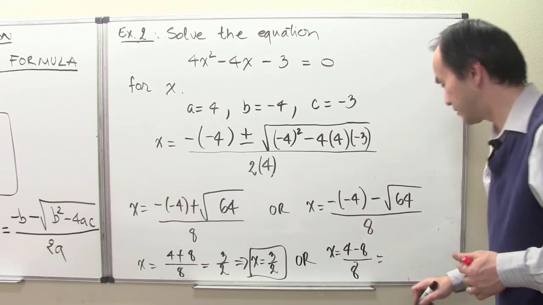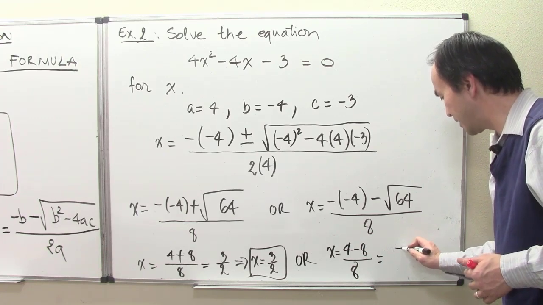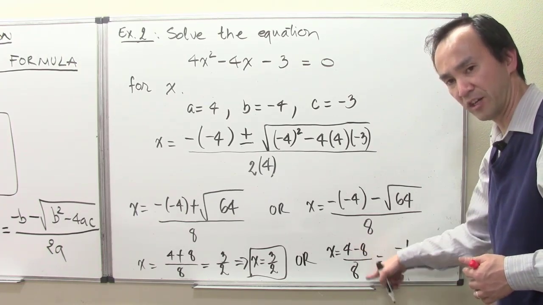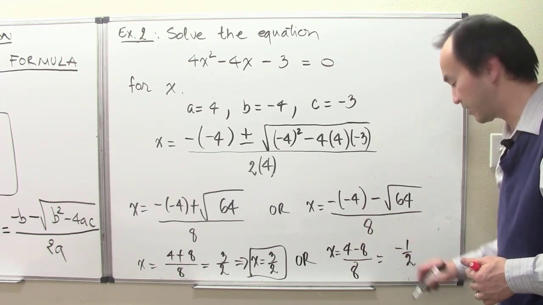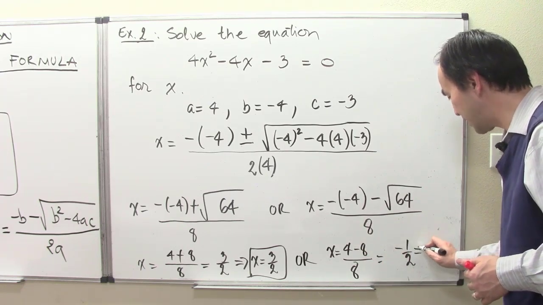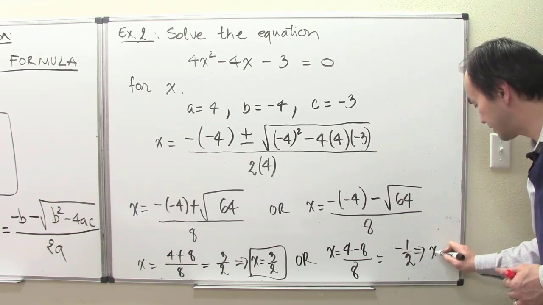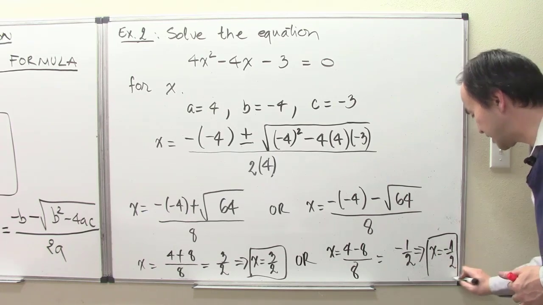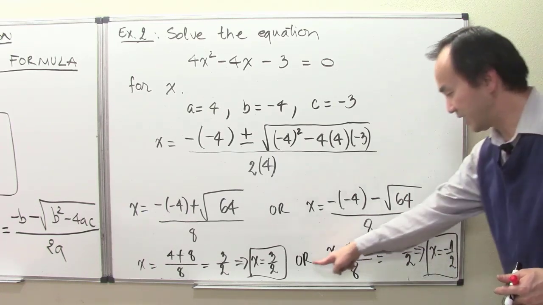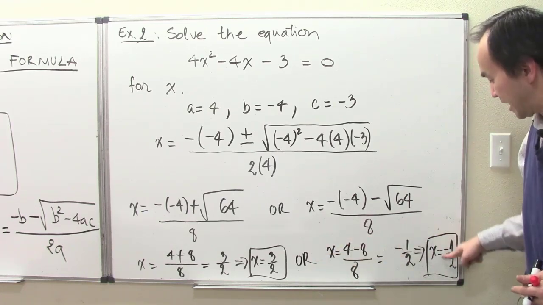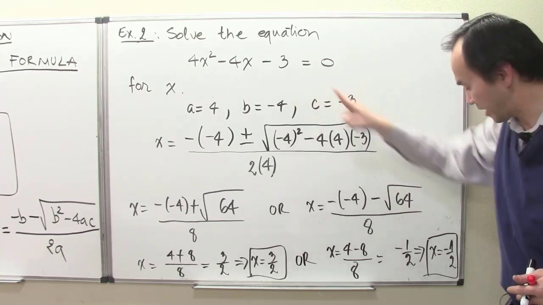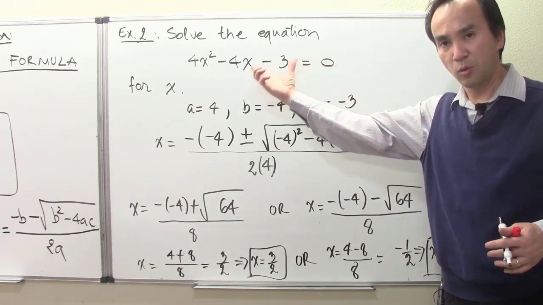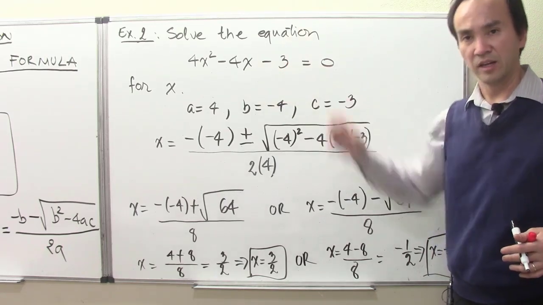That altogether makes it minus 1 half, because 4 minus 8 is negative 4, divided by 8, which reduces down to negative 1 half. So as another possibility, the unknown of this equation may equal negative 1 half to make equality hold true in this equation.